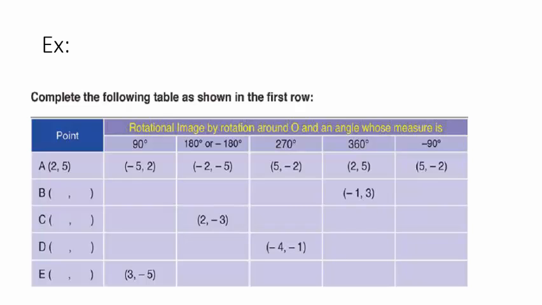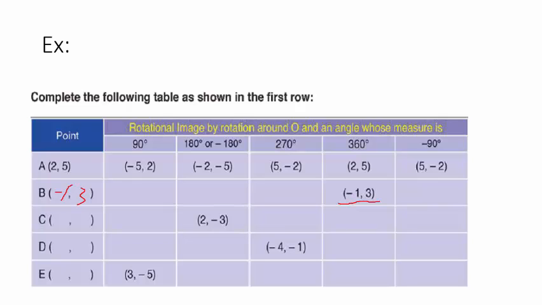In this exercise, we have point B. Rotation by 360 means B equals (negative 1, 3).